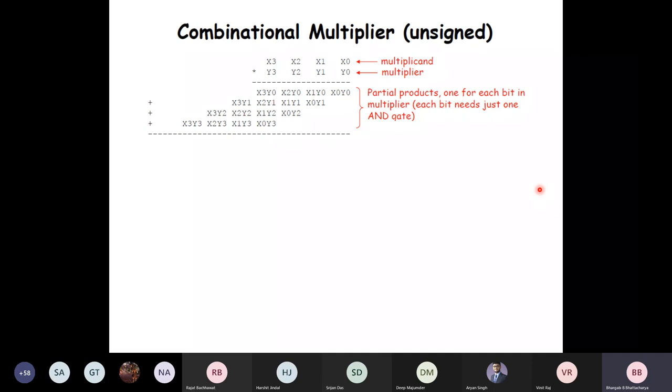As we have noticed, we need AND gates, and then we need these vertical adders, right? I mean, the adders which can add the numbers appearing in the columns, and then those carries need to be propagated from right to left, right?